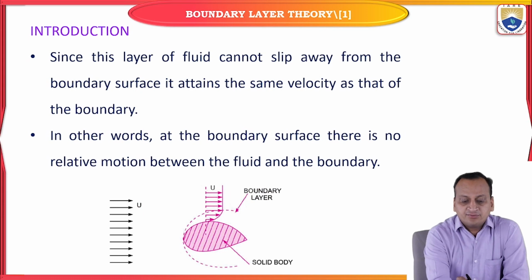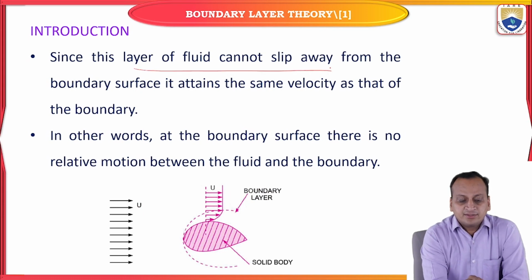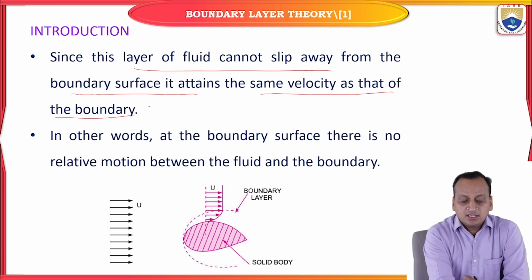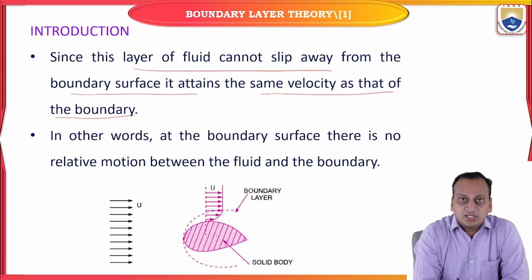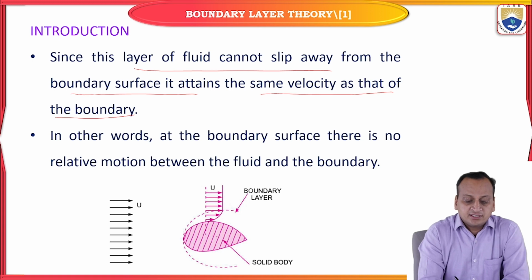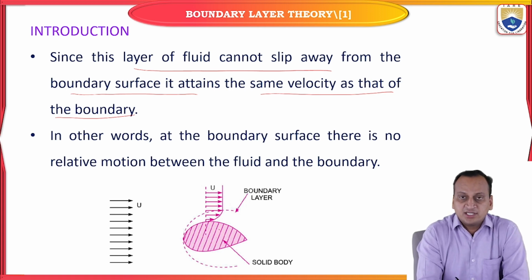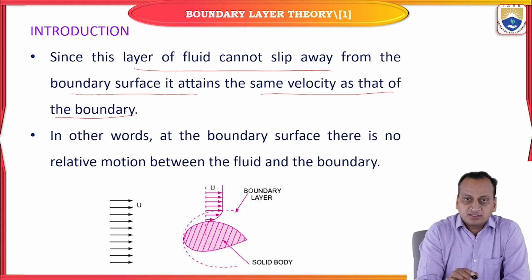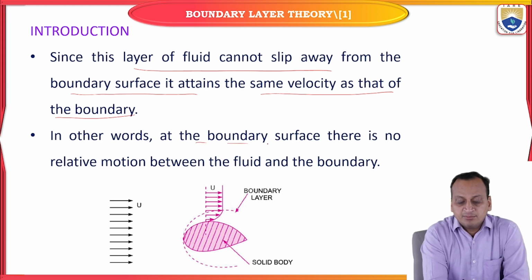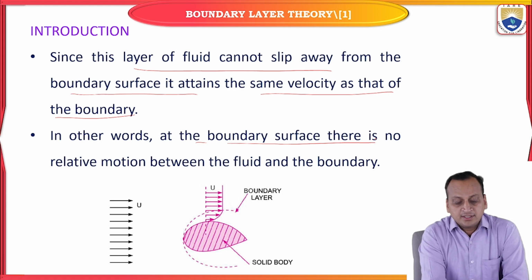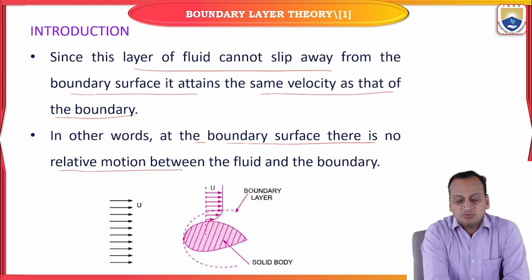Since the layer of fluid can't slip away from the boundary surface, it attains the same velocity as the boundary. As the boundary of a solid body is stationary, the velocity of the first layer coming into contact with the solid body also attains zero velocity. In other words, at the boundary surface there is no relative motion between the fluid and the boundary.